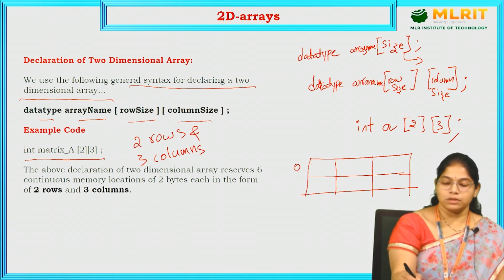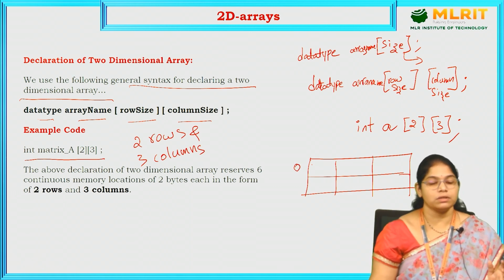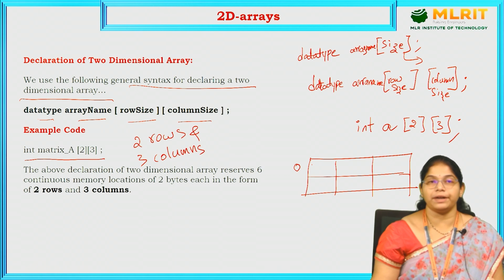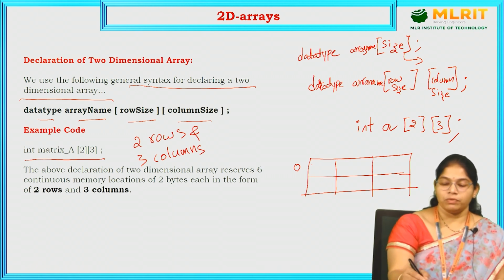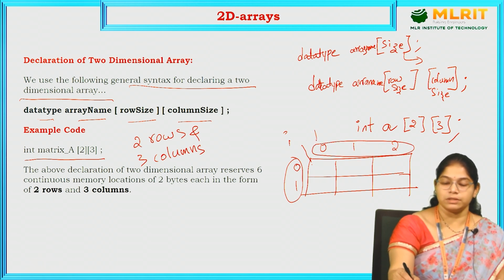This is the 0th row. As we discussed already in the 1D array, the array index always starts with 0. So 0th row, first row, and columns 0, 1, 2. The row index is represented with i and the column index is represented with j.